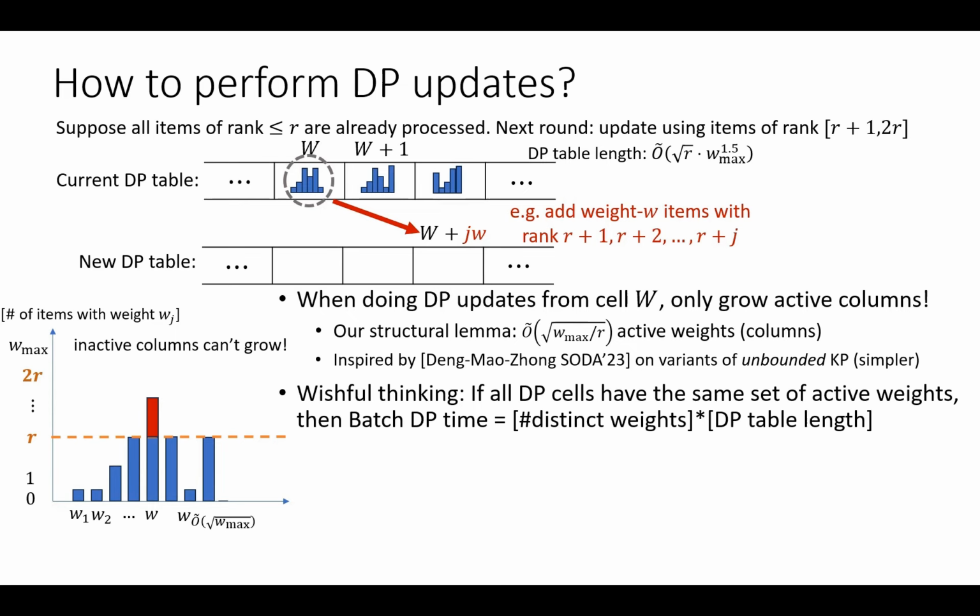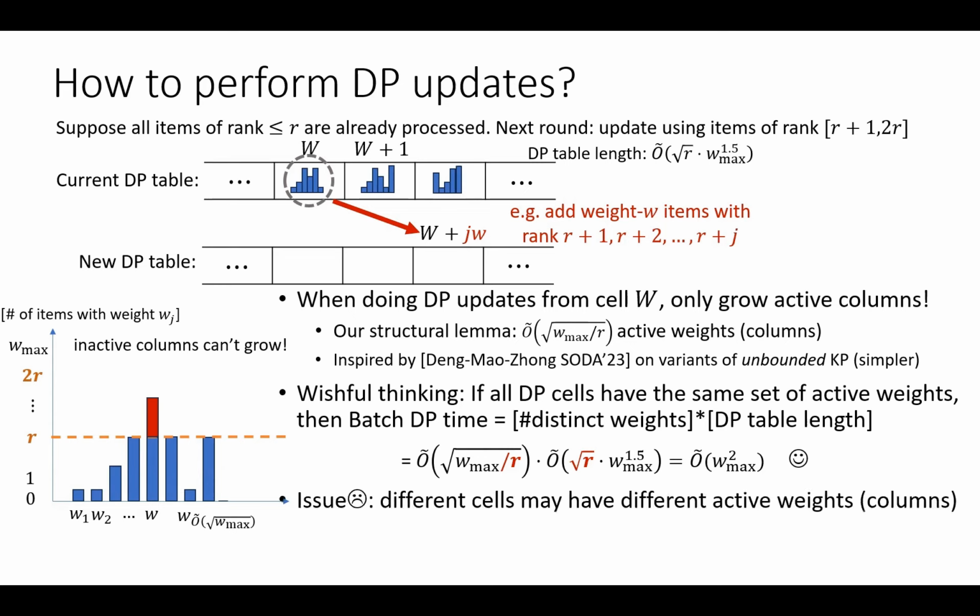And we can use the batch DP algorithm to update all of them in total time the number of distinct weights times the length of the DP table. And here we can see that the root R factors in these two quantities cancel, and the total time complexity would be the product of these two quantities, which is roughly W max squared. And this is the ideal time complexity that we want.